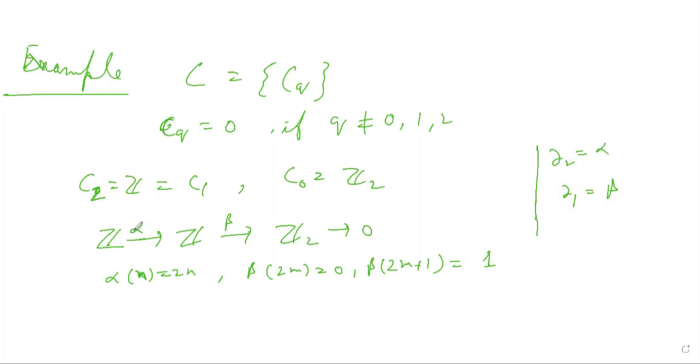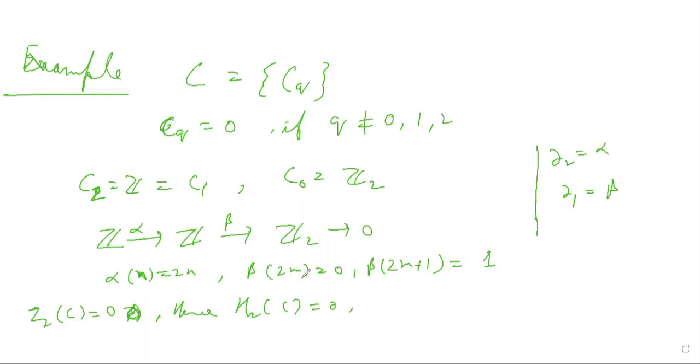So alpha is injective. So you see alpha n goes to 2n. So alpha is injective, so kernel of alpha is 0. Hence H2 of C, and so on, they are 0 because Cq equal to 0 for q greater than or equal to 3.